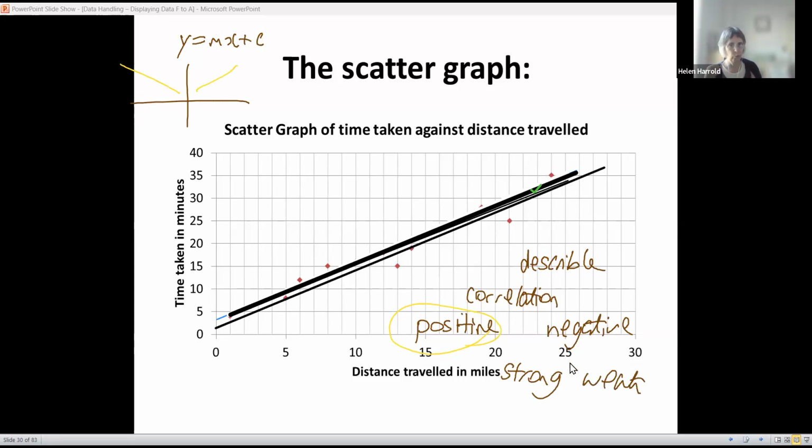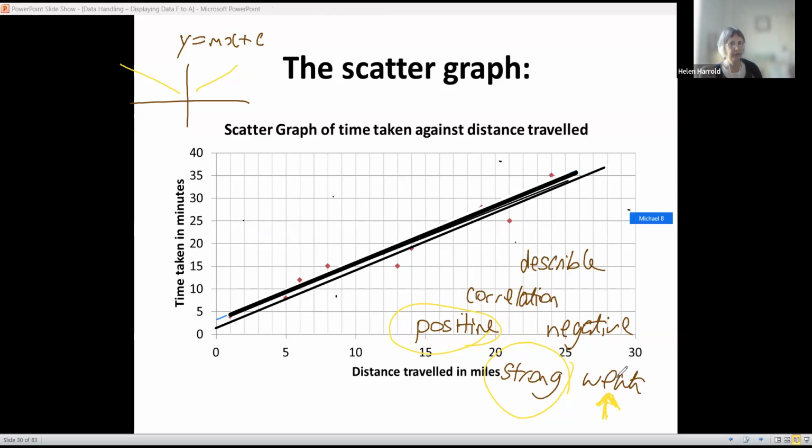Yeah, it's strong. Why is it strong? Yeah, the points are close together. So let's make this weak correlation. What would it look like if there was weak correlation?